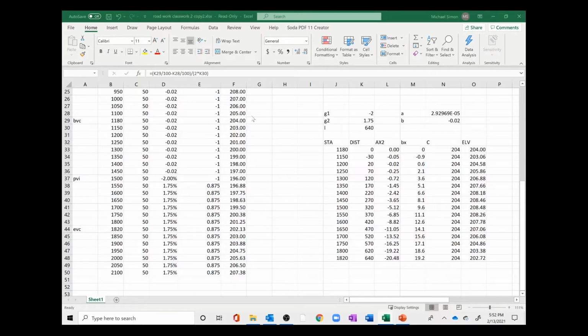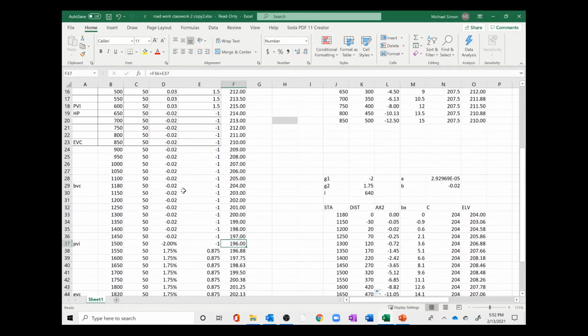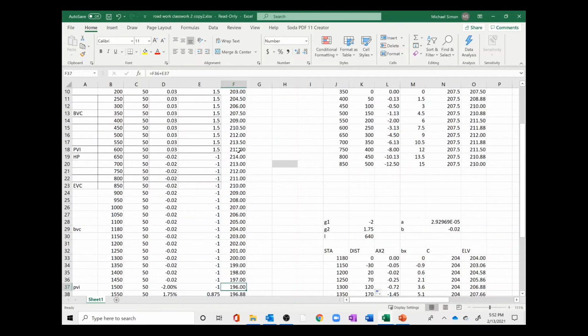PVI is 197. Okay. So this is off by a little bit. Let's take a look at how we got these changes in elevation. From 550 to 650, you're still going up. PVI to the high point, you're starting to go down. Well, that's okay.